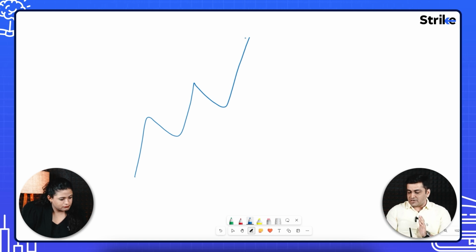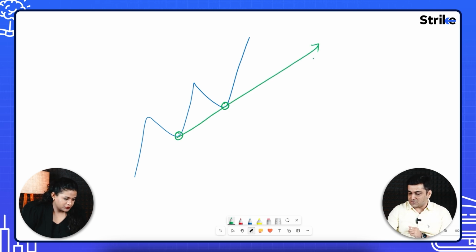On this line chart, this is a significant bottom and the next significant bottom is this. So we join these two points and draw a straight line. This green line that we have drawn is called a trend line. Now this trend line is sloping upwards, so it says that the trend is positive, bullish.